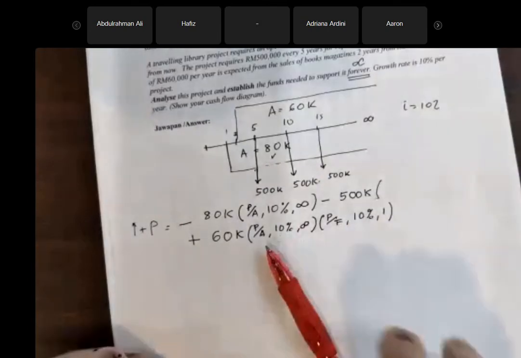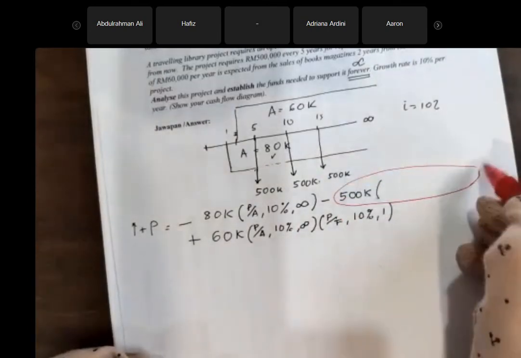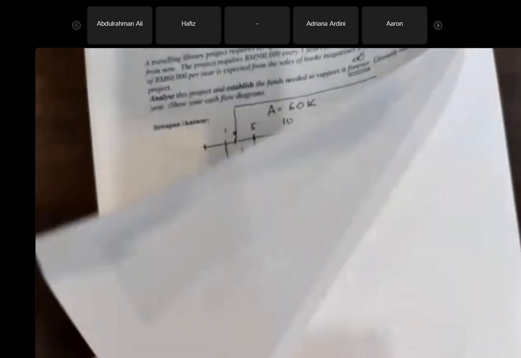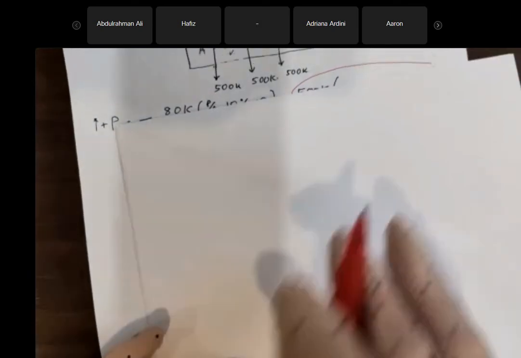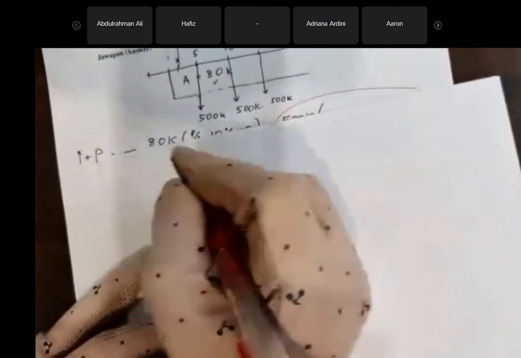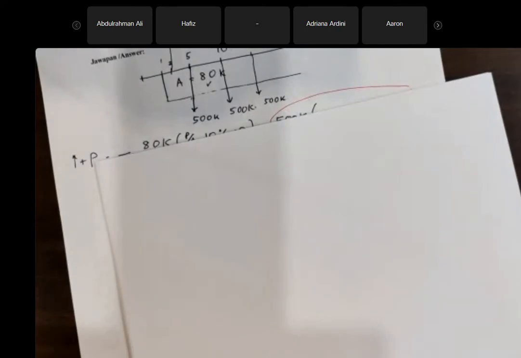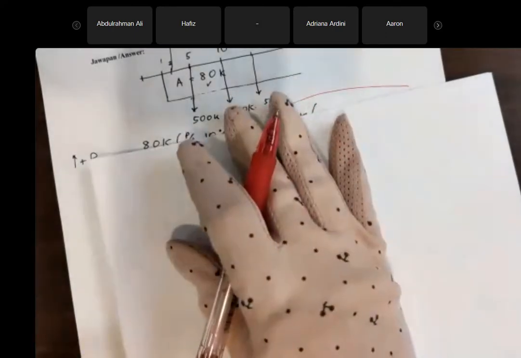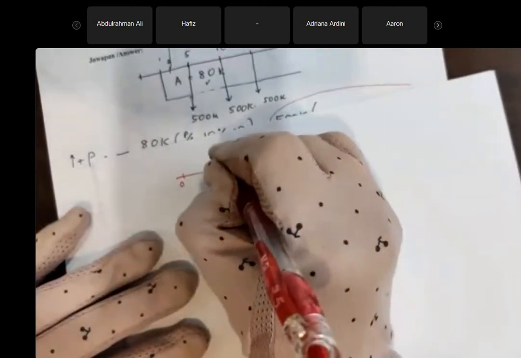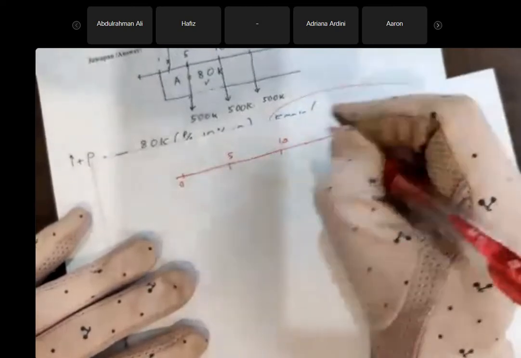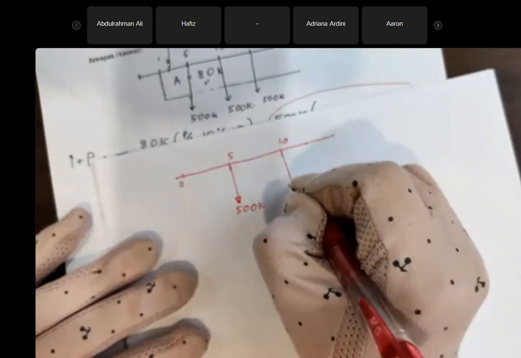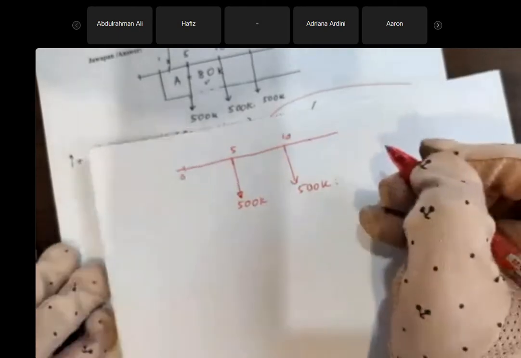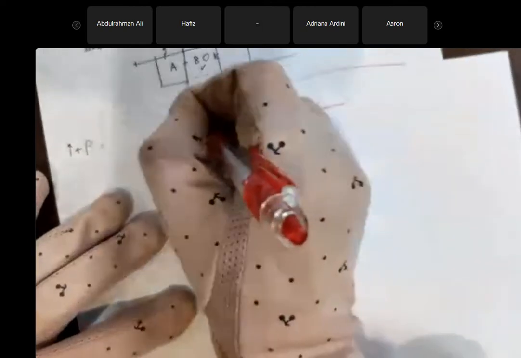Okay, for this part, let me explain. The issue is now they have every 5 years. It means from 0 ni ada 5 years, then dan seterusnya 5 years you have 500K. This one also you have 500K. Let's say we take the first part here.